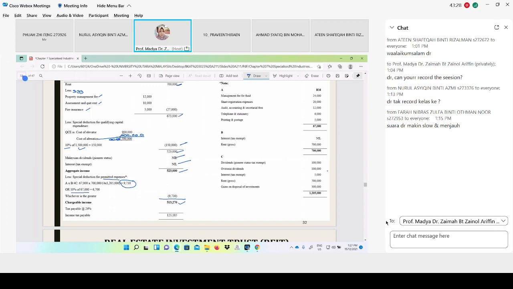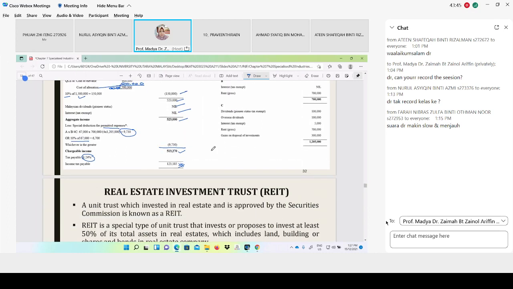This chargeable income will be taxed at the corporate tax rate of 24%. This is the amount of the tax liability. If you go to the public ruling that I mentioned to you just now, you can have other examples for this unit trust.